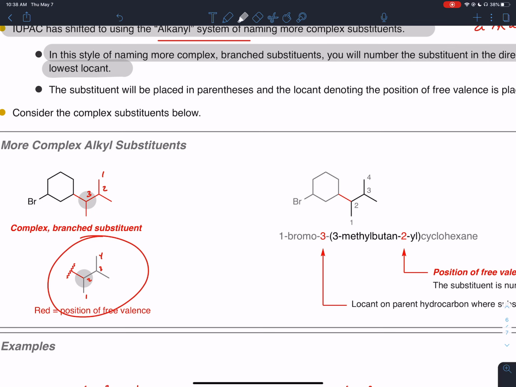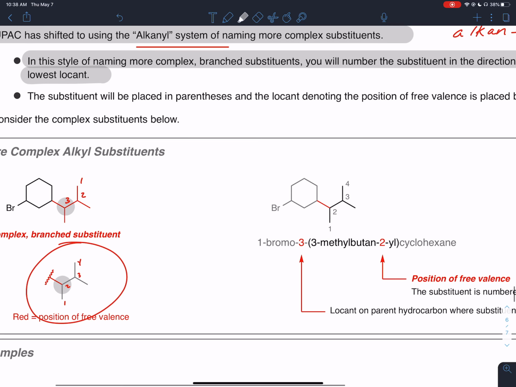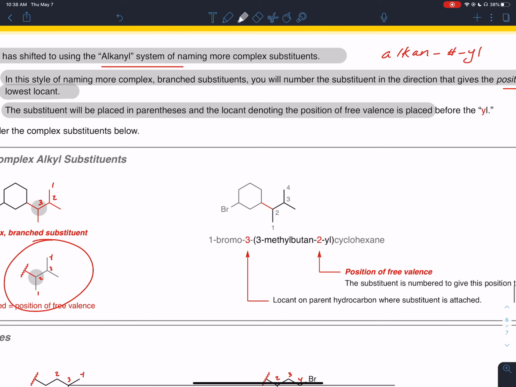And what you'll notice here is this is the complex name, our alkanyl style of naming. That substituent will be placed in parentheses, and the locant denoting that position of free valence, the attachment point to the parent hydrocarbon, is placed at the end of that alkanyl substituent name, before the yl.